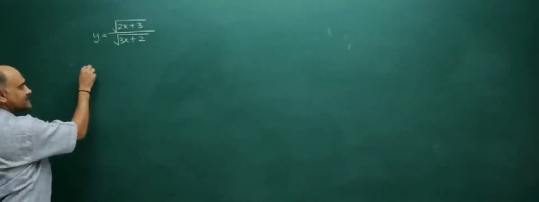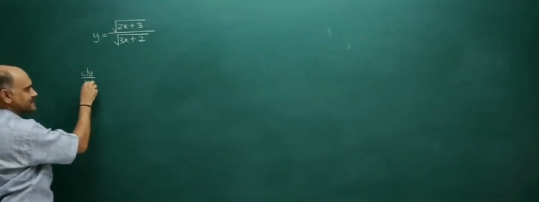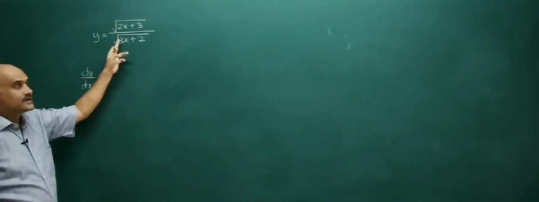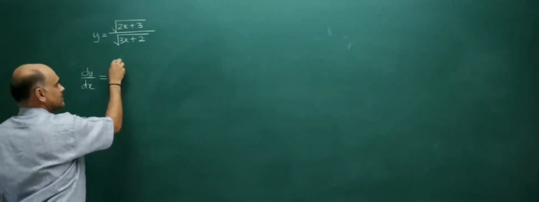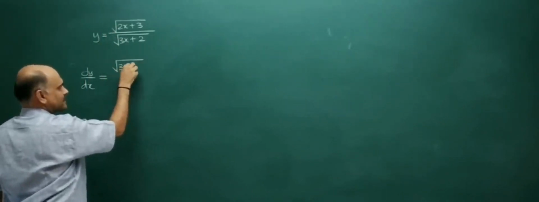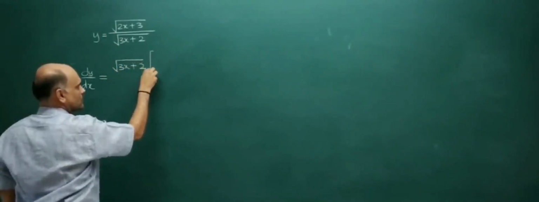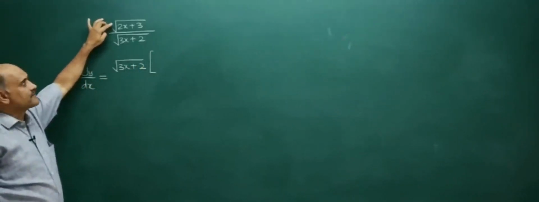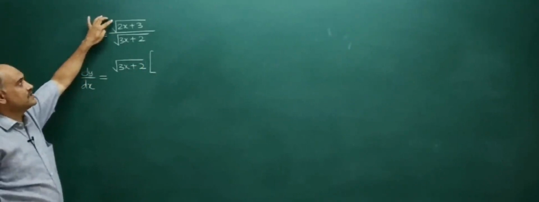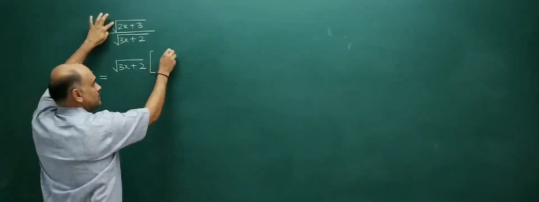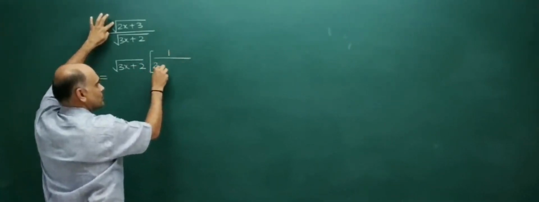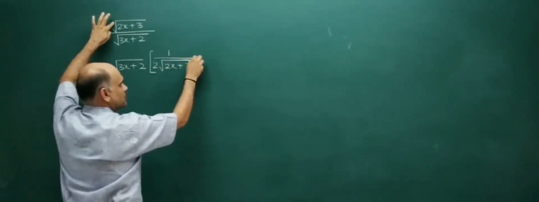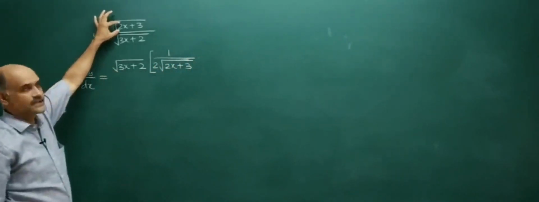So if I differentiate, dy by dx is equal to, you are required to apply u by v. So denominator root of 3x plus 2 into differentiation of numerator. So while differentiating numerator, first differentiate root, 1 by 2 root of 2x plus 3 into term inside the root.